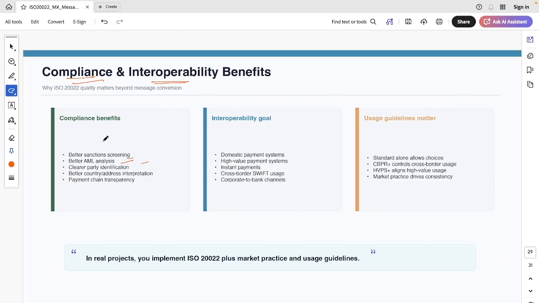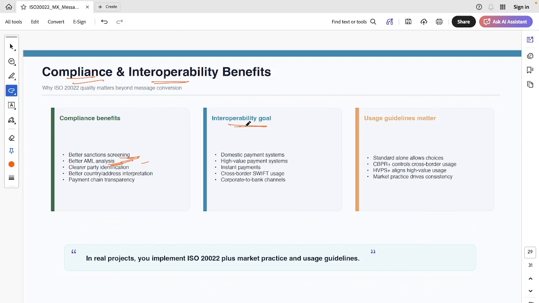For compliance, clearer party identification helps sanction screening, right? It helps better AML analysis. Structured name, address, country, and party role information can reduce ambiguity. Chain transparency improves investigations, because banks can better understand who is involved in the payment.